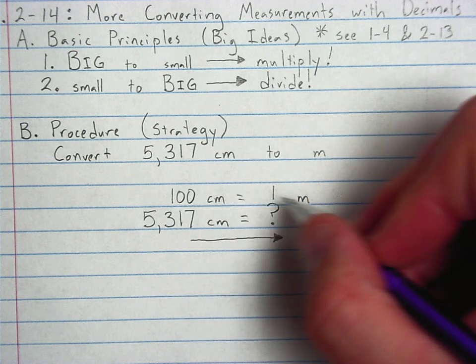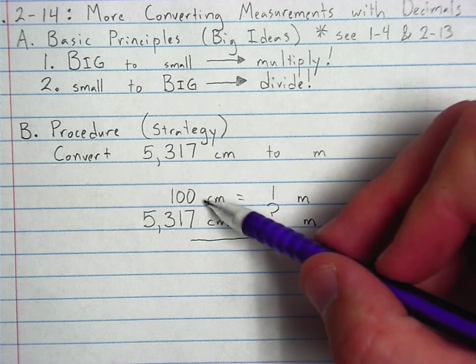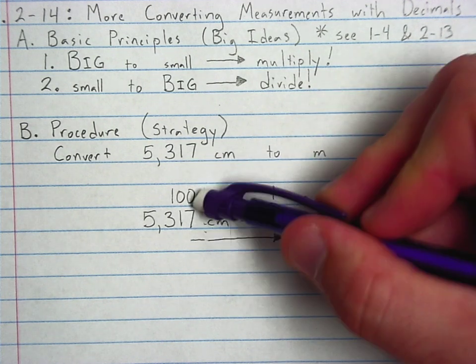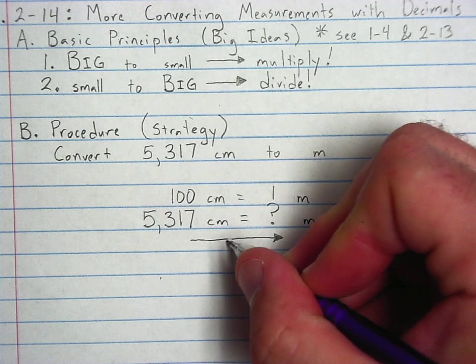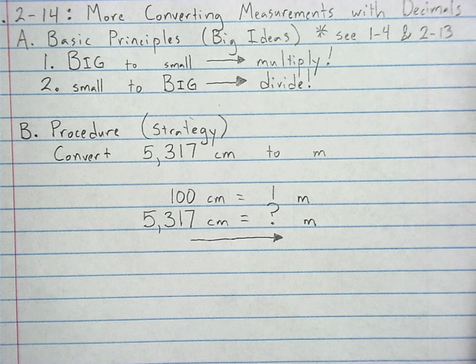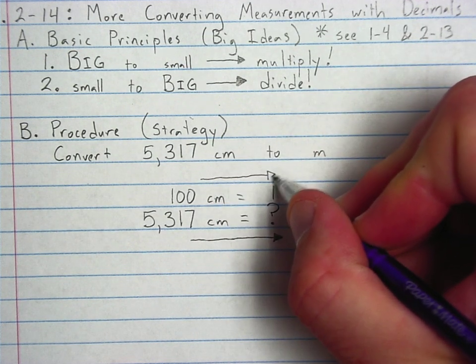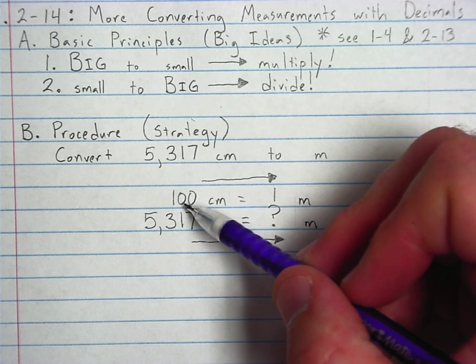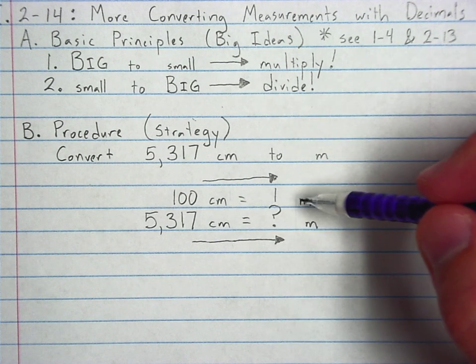But when I write my equivalence, when I write my relationship up top, the units should line up. So centimeters with centimeters in this case, meters with meters in this case. Messed up my arrow. Okay. To go from 100 centimeters down to 1 meter, I am going from having a lot of centimeters to putting them together in just one single group.